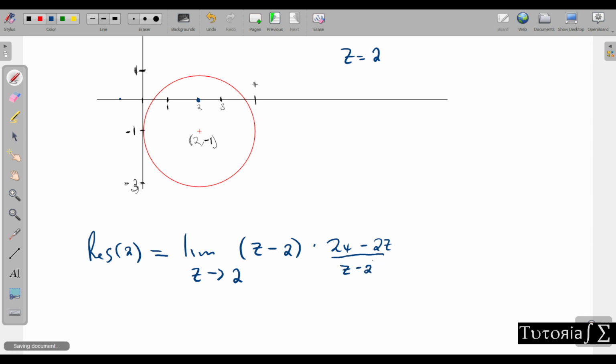So that is our f of z from the residue theorem.